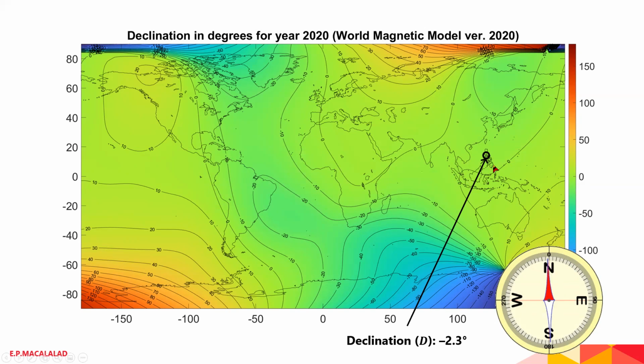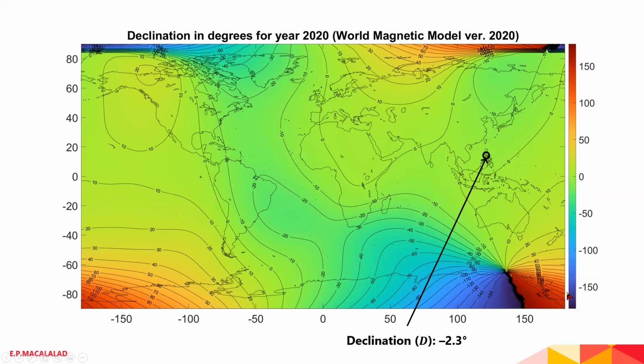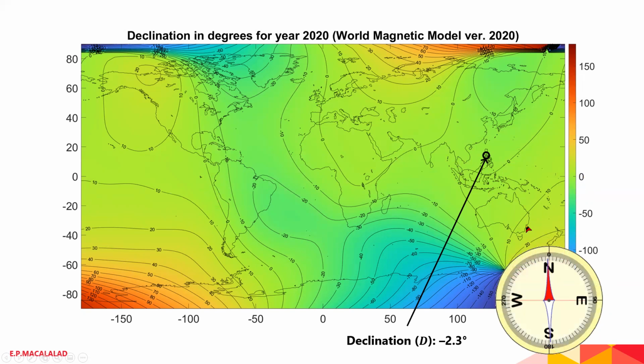But as you will notice, most places have a declination very near 0. But as you go near the North Pole or South Pole, the declination actually increases significantly.